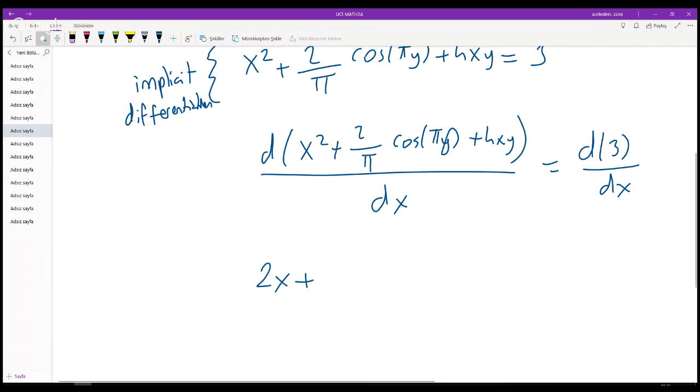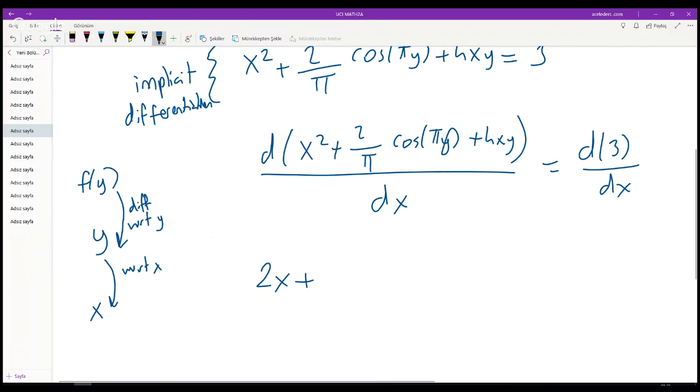Now think of this like a function of y. So we have a function of y here. So think about the chain rule, going down some steps. We have two steps. First, differentiate with respect to y, and then differentiate with respect to x.